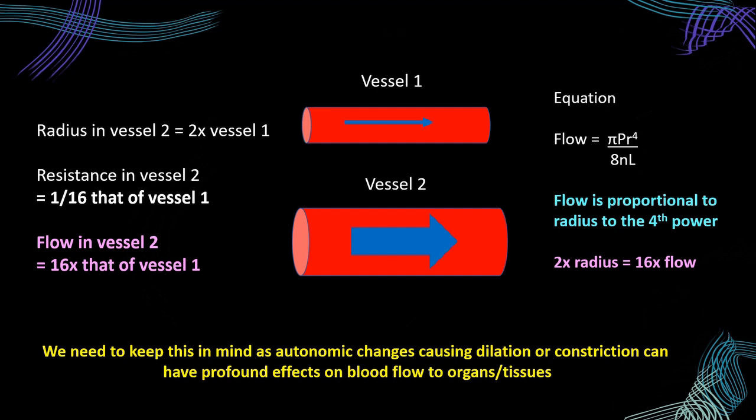The resistance will go down to 1/16, but the flow will be 16 times that of vessel 1. And again, another equation. This equation is just moving things around to make it in relationship to flow rather than in relationship to resistance. So flow is proportional to the radius to the 4th power. We need to keep this in mind as autonomic changes cause dilation or vasoconstriction and the effect it has on blood flow.